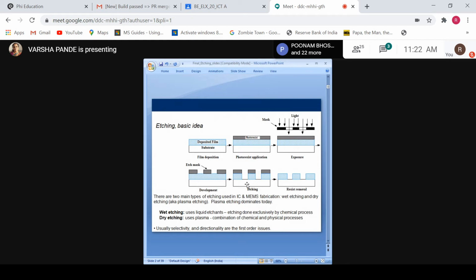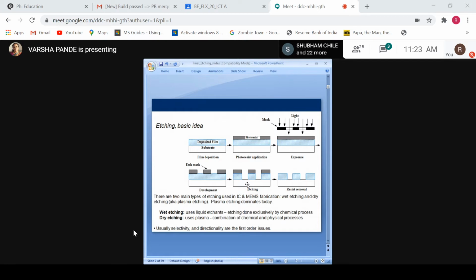You don't want to remove the silicon substrate. But dry etching is a bombardment of ions, and due to that, it will etch silicon dioxide, but if it is not stopped at the particular time and the time is more than required, it will etch the substrate part also.